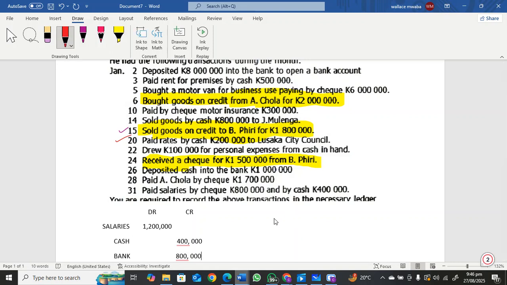And then on the ledgers, salaries. Now on the ledgers, it won't be advisable just to put this 1.2 million on the salaries account. You have to split it like this. Salaries account, you put here cash 400,000 and bank, so that you know where these amounts are coming from.